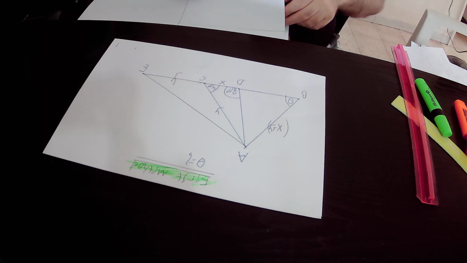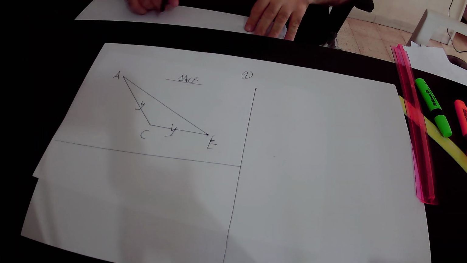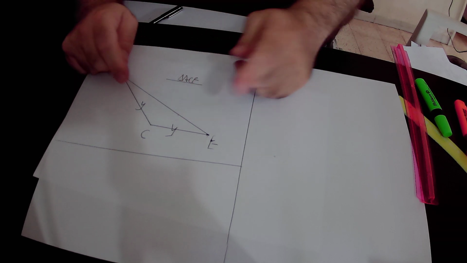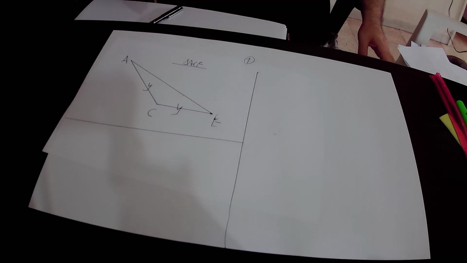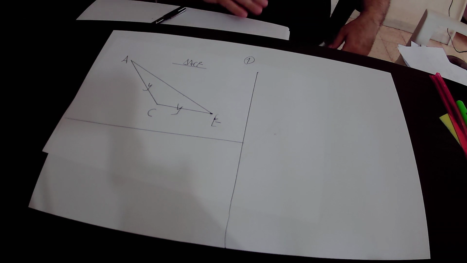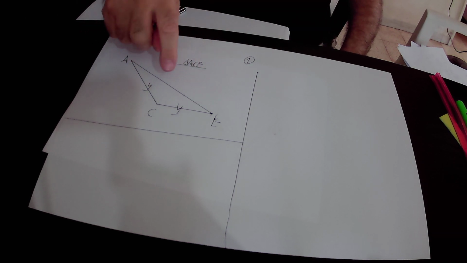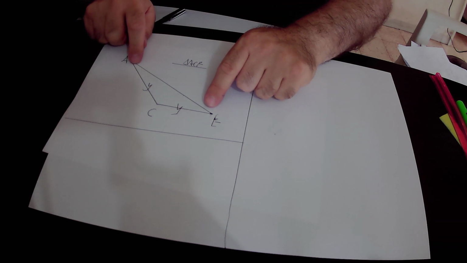So this is triangle ACE that I copied from the original drawing. In triangle ACE, those two sides are equal to each other. And according to the rule that opposite equal sides in a triangle there are equal angles. So opposite side AC we have this angle, and opposite side CE we have this angle, and according to the rule that I mentioned, those two angles must be equal to each other. So I write it down.